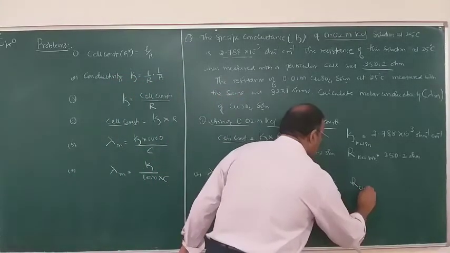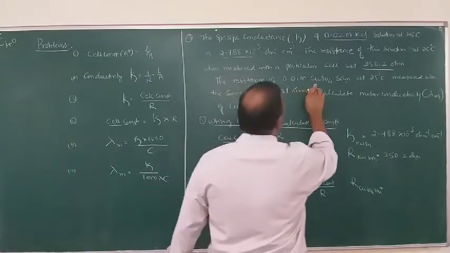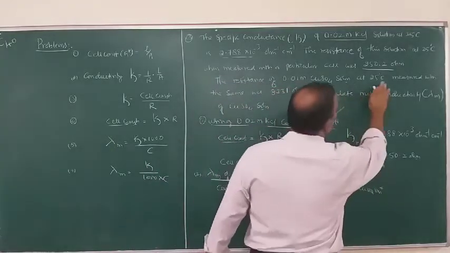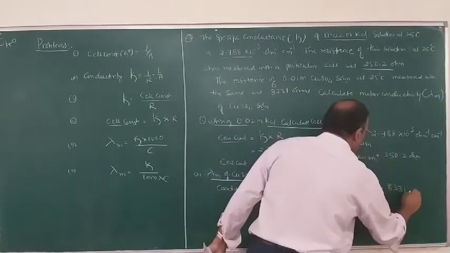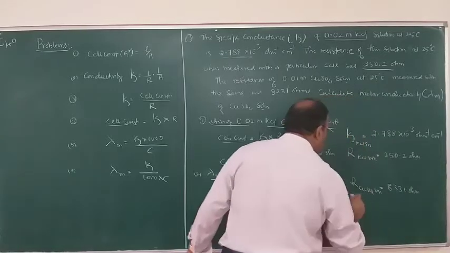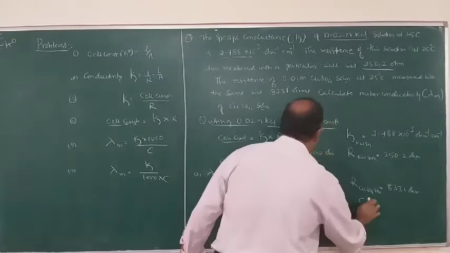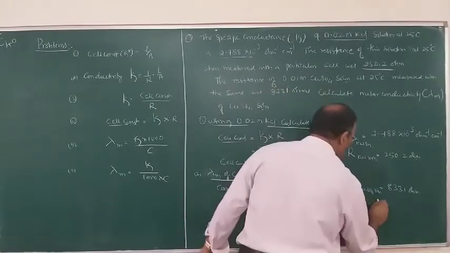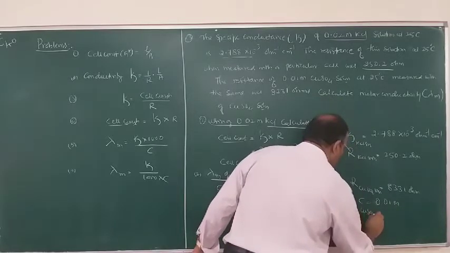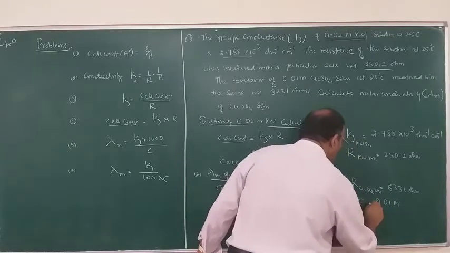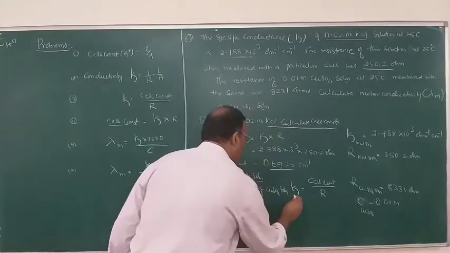So resistance of CuSO4 solution is given. Resistance of CuSO4 is equal to 8331 ohm. Then concentration of the solution C is equal to how much? What is the concentration of copper sulfate solution? 0.01 mole, concentration of CuSO4 is given. So what is specific conductance or conductivity of copper sulfate solution, kappa?